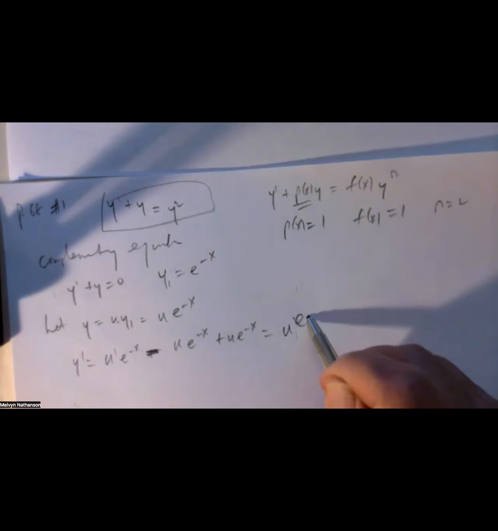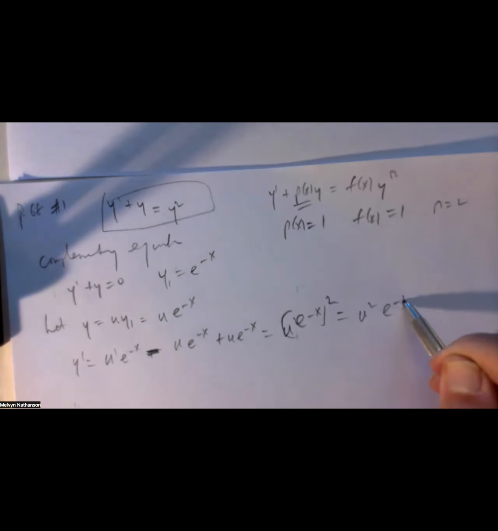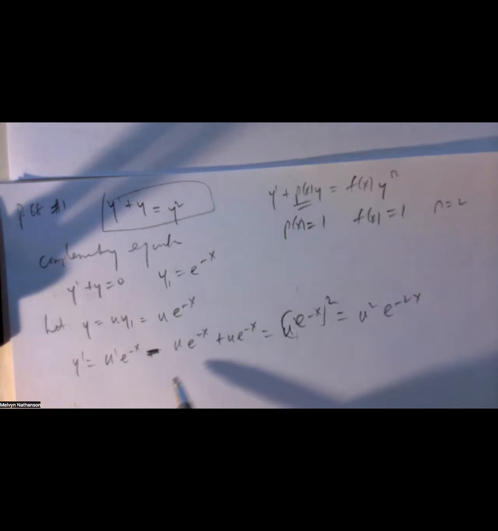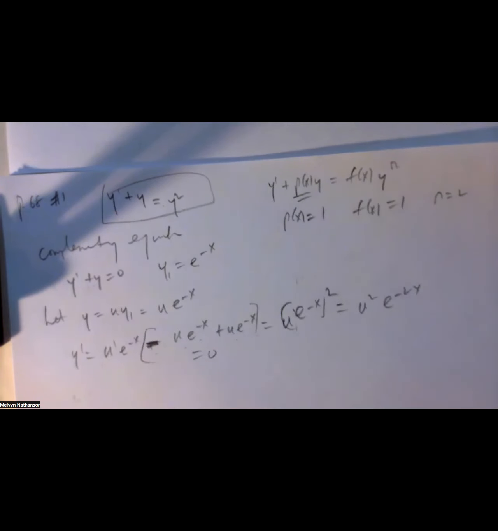That's u e to the minus x squared, or u squared e to the minus 2x. And you see, of course, that here I have minus u e to the minus x plus u e to the minus x. That's 0. It's just because e to the minus x is the solution of this differential equation. So I have to find u prime e to the minus x equals this.